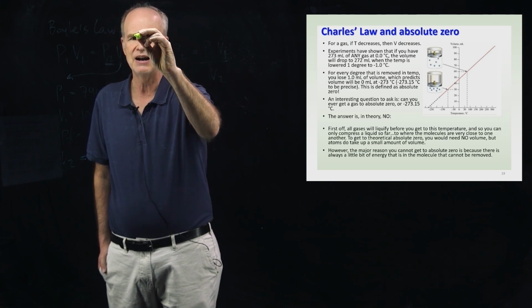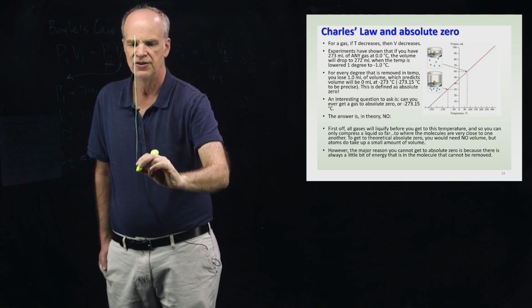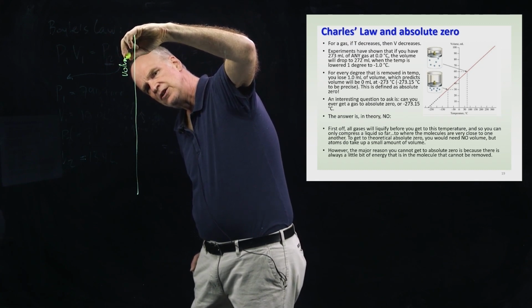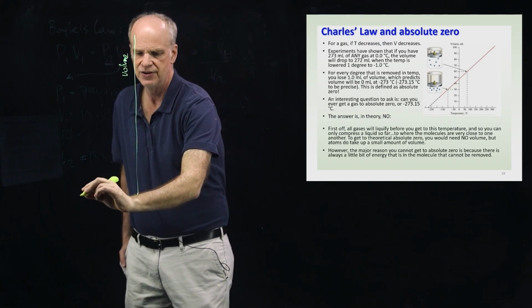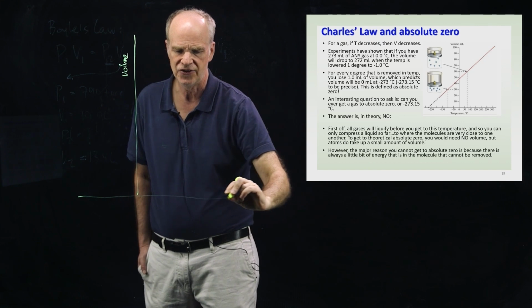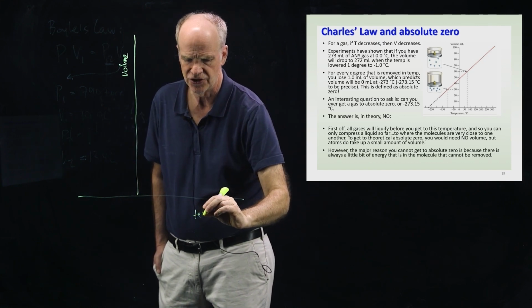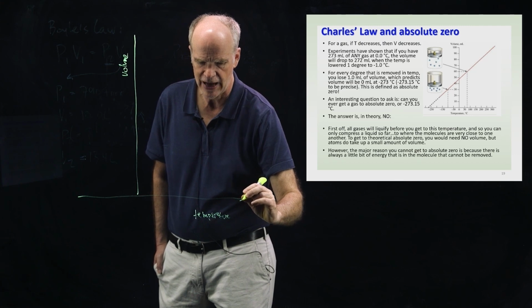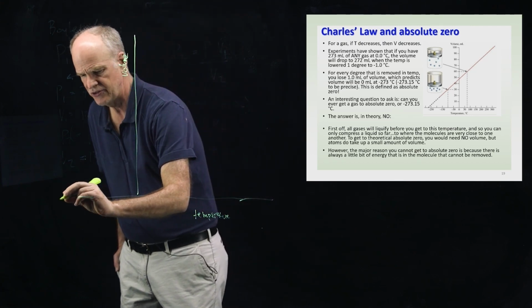So let's make a graph of this really quick. So on the y-axis, I have volume of a gas, and on the x-axis, I have temperature of a gas. So let me just kind of expand the temperature axis here.